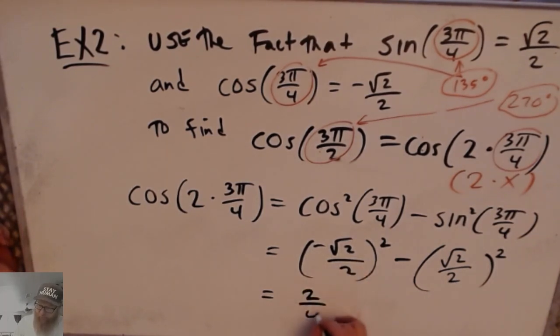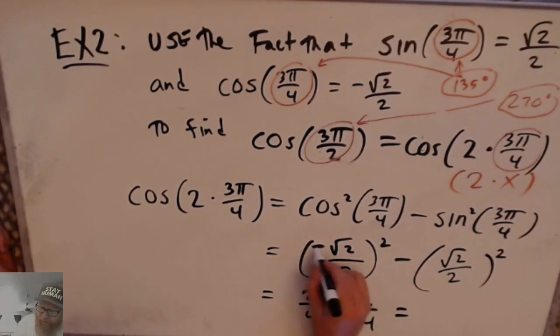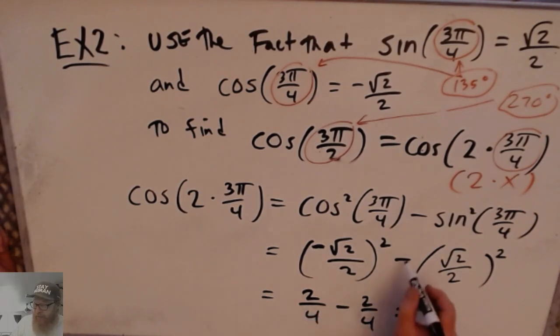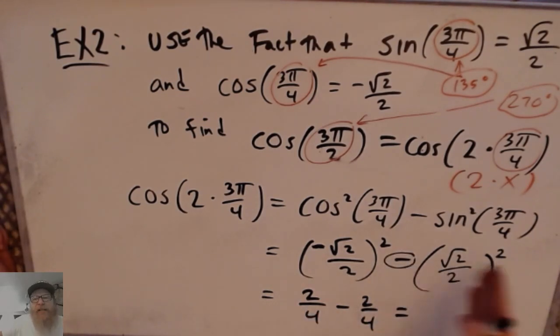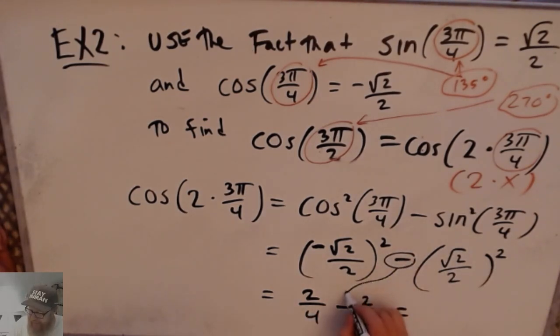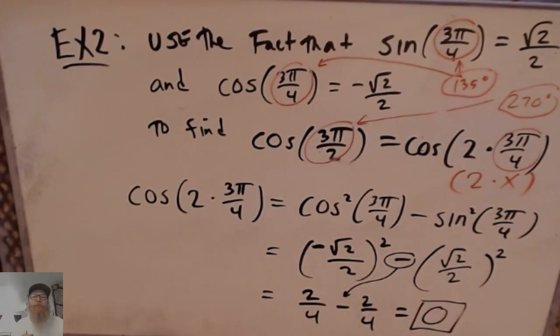This will be 2/4 minus 2/4, or if you prefer, 1/2 minus 1/2. Notice you are squaring a negative, so it turns positive. But the negative in the middle stays negative, and so your answer is 0. Now, you probably already knew that.